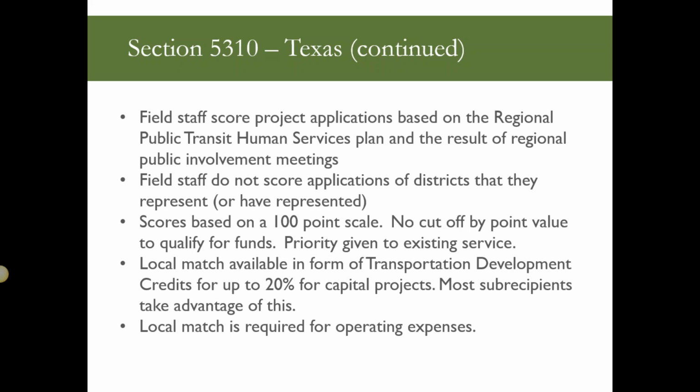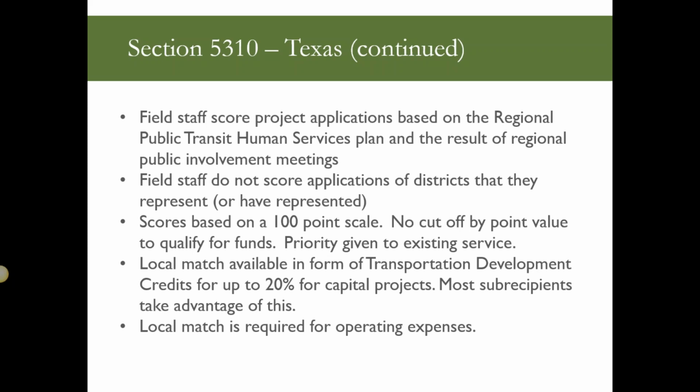It's a 100-point scale. We broke it up by quartiles this time. It just happened to work out that the bottom quartile didn't receive funding, but it kind of works. We see how much we can reasonably fund, and usually there's kind of a line that we see between projects that look like they're viable and ones that aren't. And we give priority to supporting existing service.